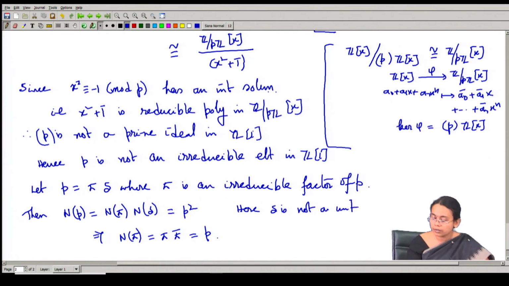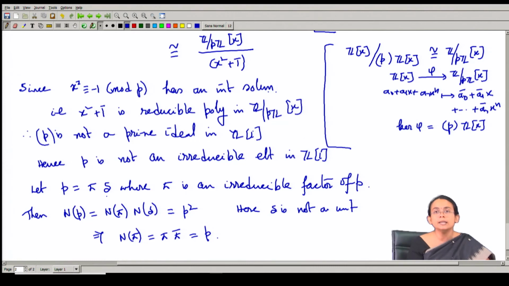So, therefore, delta is not a unit, that means norm of pi has only one choice, that is it has to be equal to p. It cannot be equal to 1 because it is not a unit element, because it is an irreducible factor of p, and it cannot be equal to p square also, because if norm of pi is p square, then it will force that norm of delta has to be equal to 1, then delta will be a unit element.